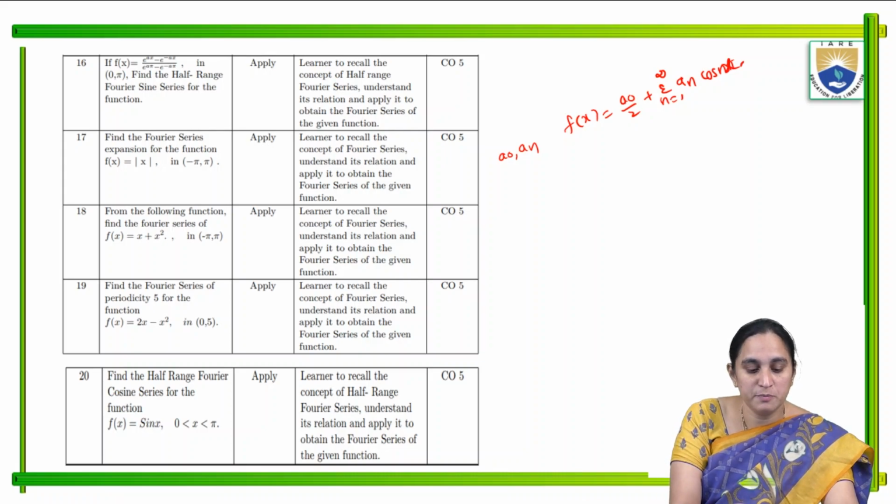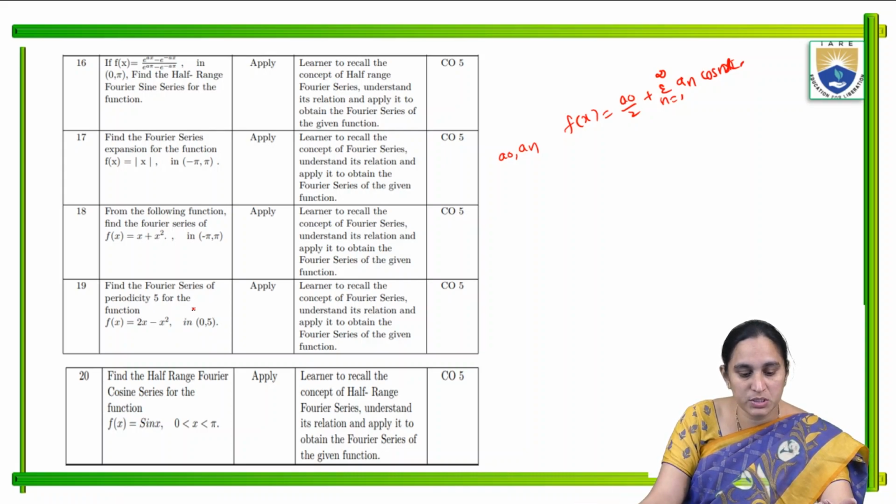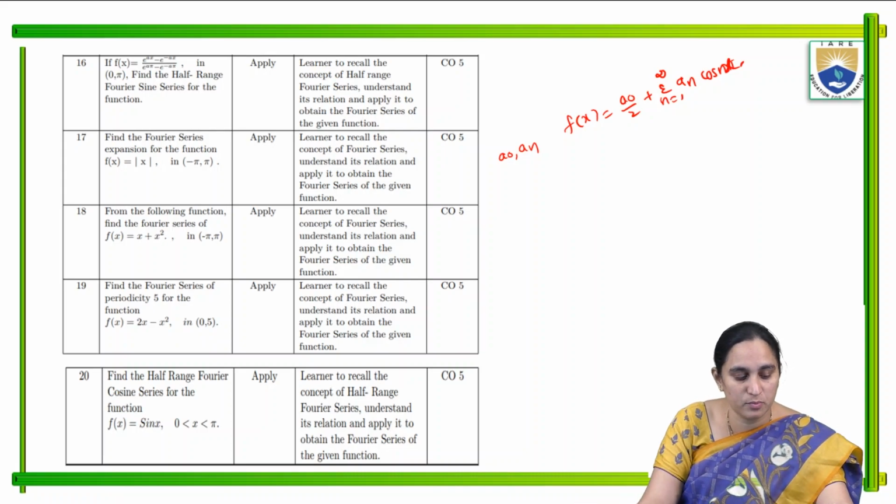That means we have to compare 0 comma 5 with 0 comma 2L, so L is equal to 5 by 2. This is the same as the one already discussed in another question.